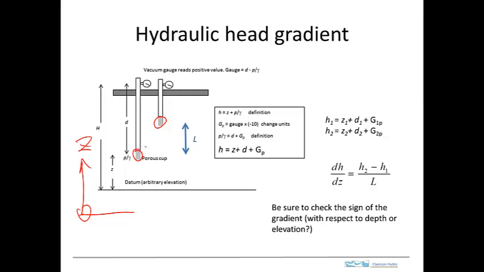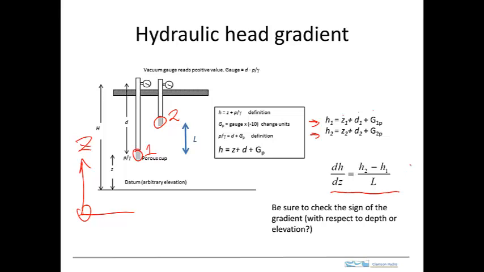So if this is point 1 and this is point 2, then we would have a head at each one of these points. And so here's a formula for the head at point 1. We use the elevation and the depth and the gauge measurement at each one of those points. There's also the formula for H2. And then the gradient is given using this finite difference expression.